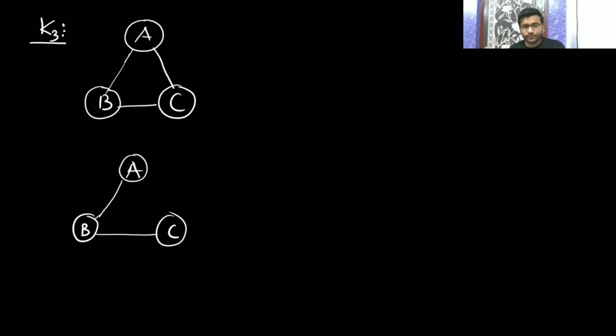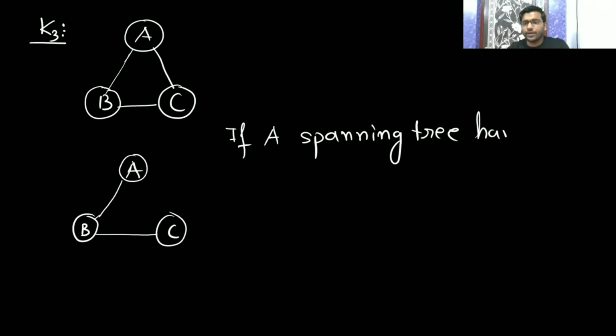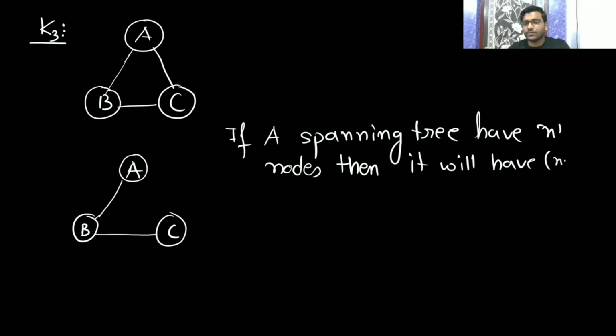If a spanning tree has n nodes, then it will have n minus 1 edges. Since it has three nodes, you get two edges.